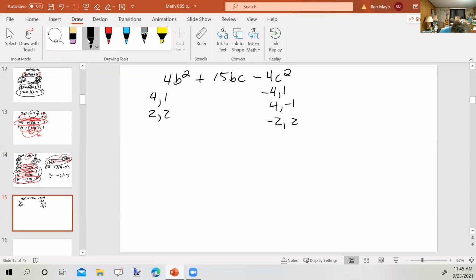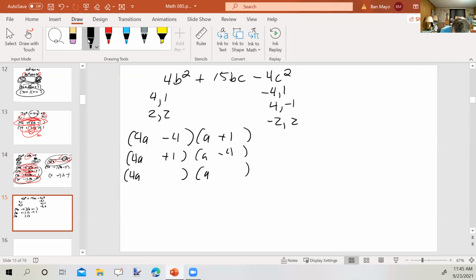Okay. We could have 4a and 1a and minus 4 and plus 1. We could have 4a and 1a and plus 1 and minus 4. We could have 4a and 1a and plus 4 and minus 1.